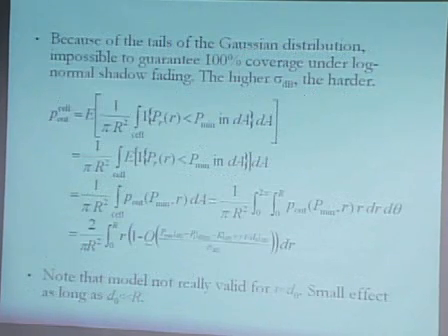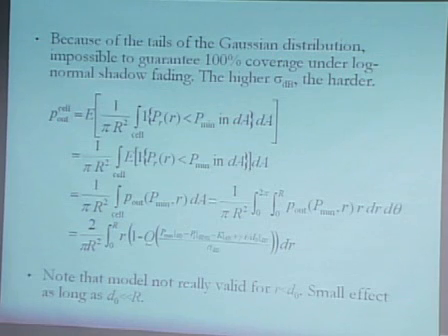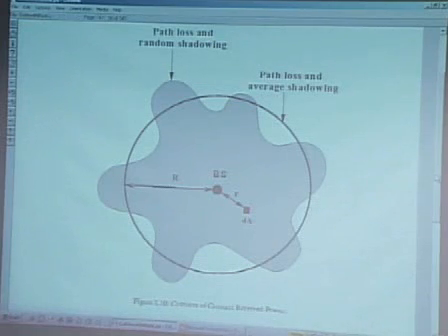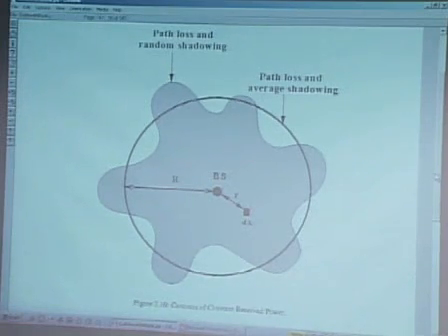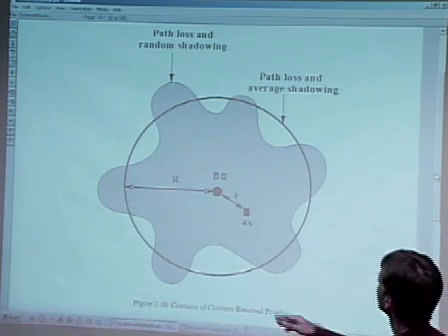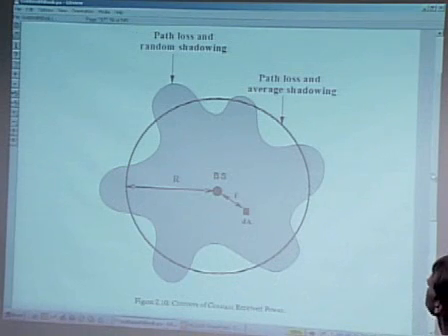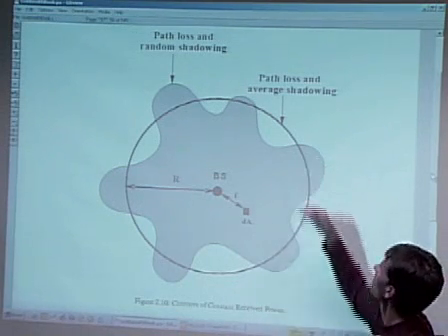So let's try to calculate this P out cell. All right? And this involves a little bit of math, so I'll take you through it and ask questions if you have any doubts. So the way we're going to compute this, let me put up a picture that's going to help us. Okay, this is from the textbook. It's picture 2.10. So this is our circle. If we had an ideal cell, now we have these irregular shapes, right?